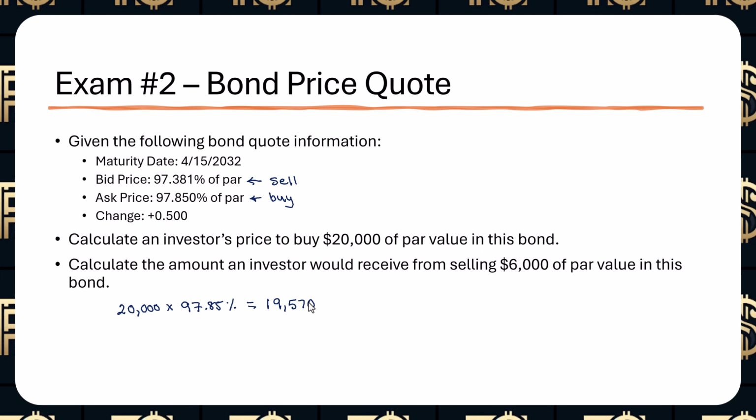Next, the problem says calculate the amount an investor would receive for selling $6,000 worth of par value in this bond. Remember, we sell to the dealer at the bid price. So we're going to take that $6,000 and multiply it by the 97.381%.